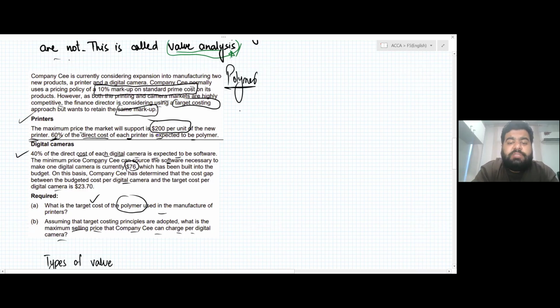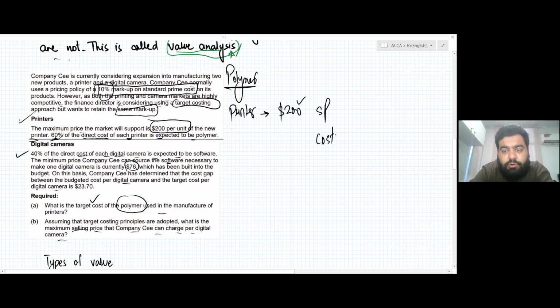The printer selling price is $200, and this is the selling price after the 10% markup. Because it is a selling price, obviously the printer must have a cost, and selling price minus cost is profit.